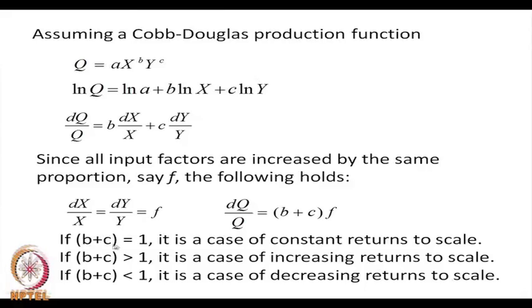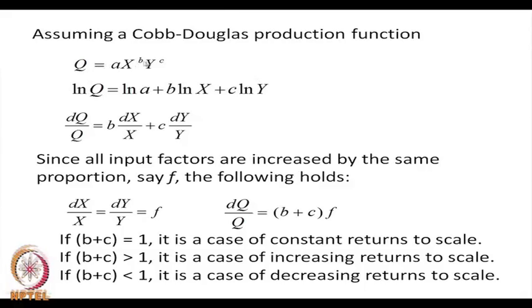Please note that b and c are nothing but exponents in the production function. Therefore, merely by looking at or summing the values of b plus c, we can say whether the firm is operating in an increasing returns to scale or a decreasing returns to scale. If we find that b plus c is more than 1, there is a high probability that by increasing the amount of input, we get more than proportionate increase in the value of q.